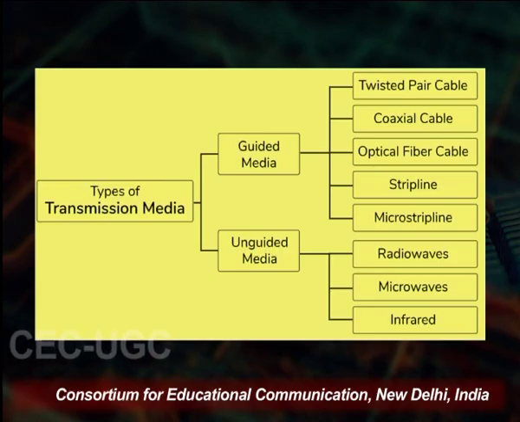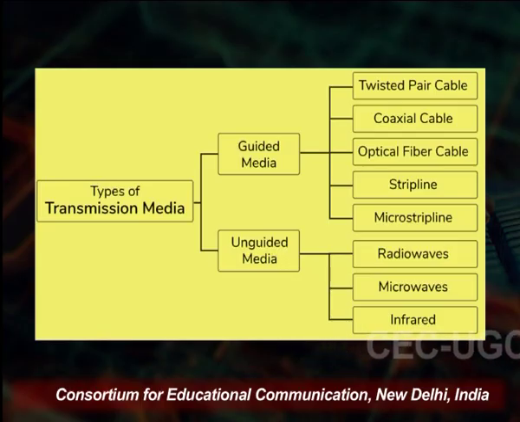Under the category of guided media come twisted pair cable, coaxial cable, optical fiber, then stripline and microstrip line. The first three, twisted pair cable, coaxial cable and optical fiber cable, are the most commonly used guided media, which we are going to explore in this lecture.